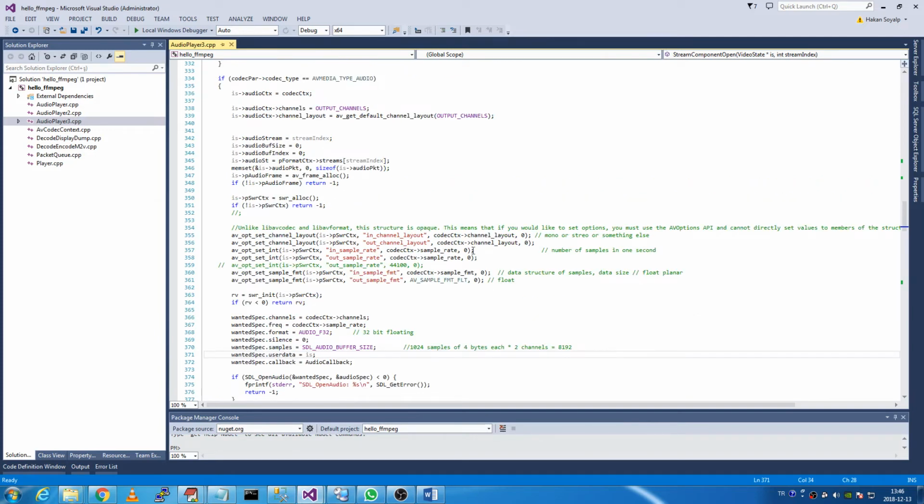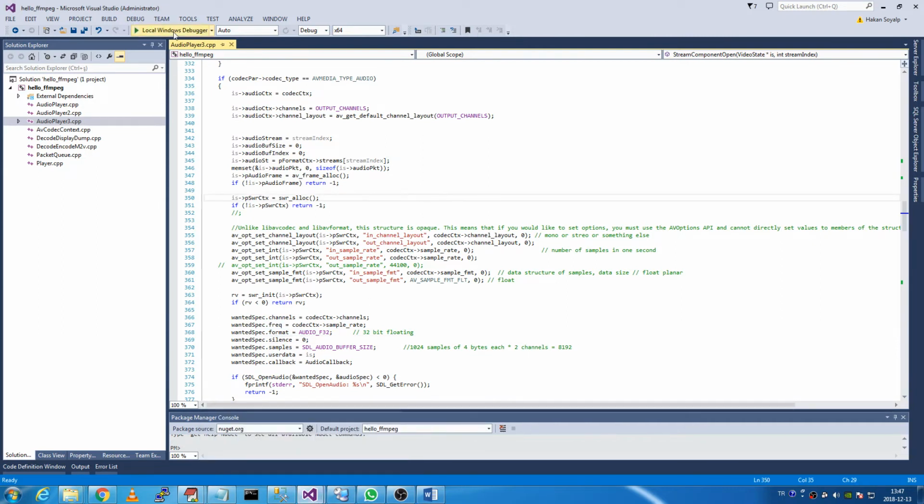So channel layout gives us how many channels, mono, stereo, or maybe more than stereo, and let's look at the buffer size now. We calculated the buffer size before by multiplying the number of samples by the sample format and channel number, and we can do it the other way also.